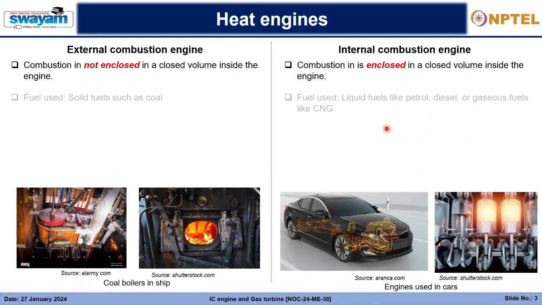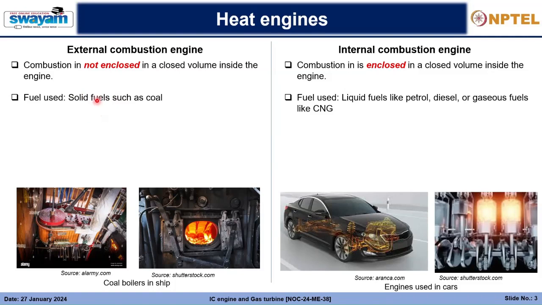We'll go into depth, but first let us see the major differences between these. First of all, in the external combustion engine, the main advantage is that the fuel used can be solid fuel such as coal. You must be knowing that we do not use coal in cars, right? But again, for solid fuels, we need to utilize that particular resource of energy.